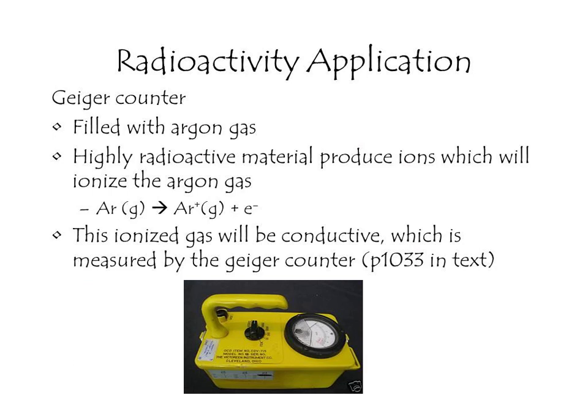The next few slides are just about applications for radioactivity. Here is a Geiger counter, and a Geiger counter basically just checks how radioactive something is. It goes through a process where argon is ionized, and so you produce an electron. And this produces some type of conductivity, and you can measure it on the Geiger counter to see how radioactive something is.